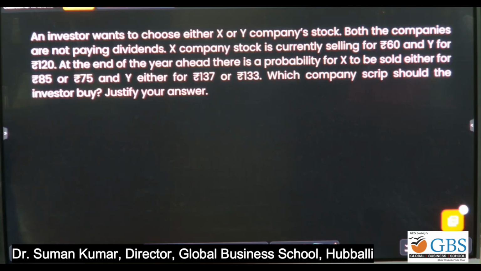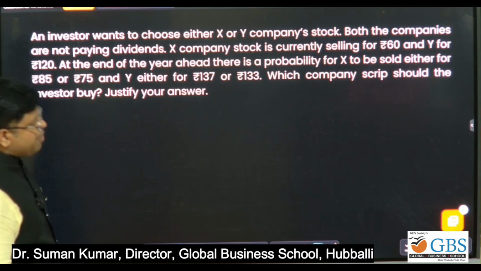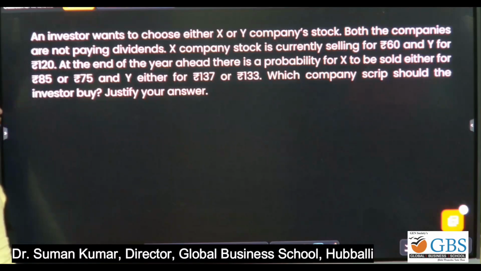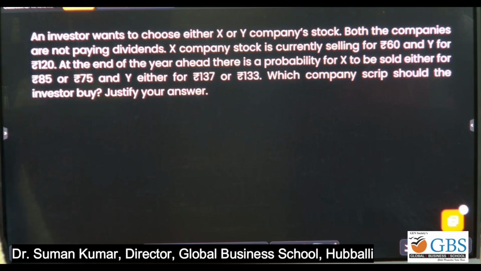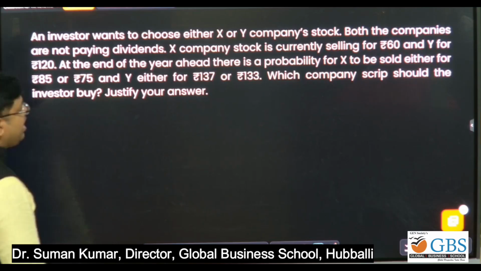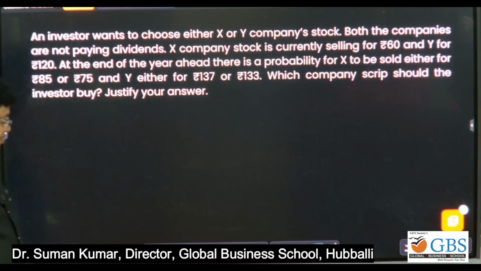At the end of the year ahead, there is a probability for X to be sold either for rupees 85 or 75 and Y either for rupees 137 or rupees 133. Which company script should the investor buy? Justify your answer.